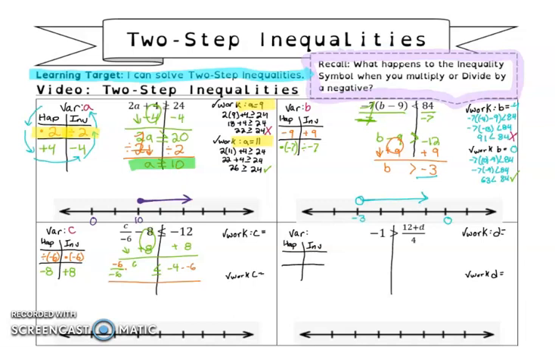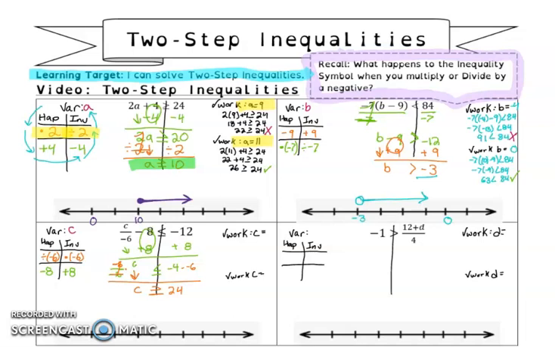Well, -6 divided by -6 is 1, leaving us with just our C. However, because we multiplied by a negative, we're going to flip that symbol backwards. And then negative times negative, we get a positive. 4 times 6, we get 24. All right. So C is greater than or equal to 24.